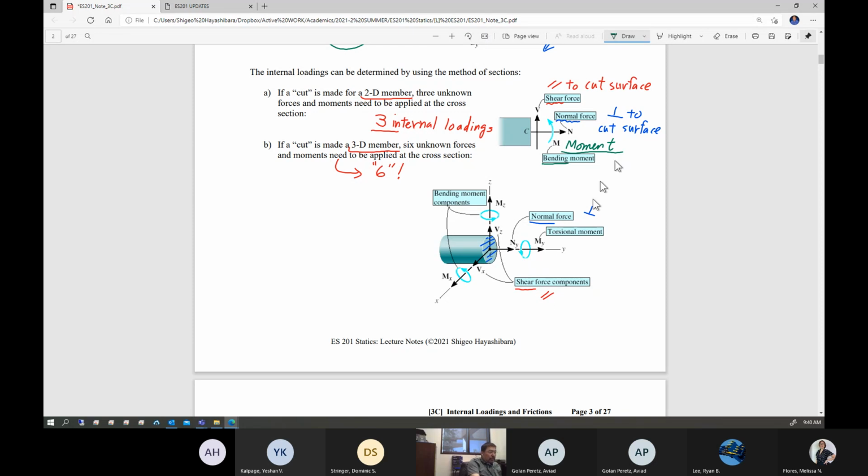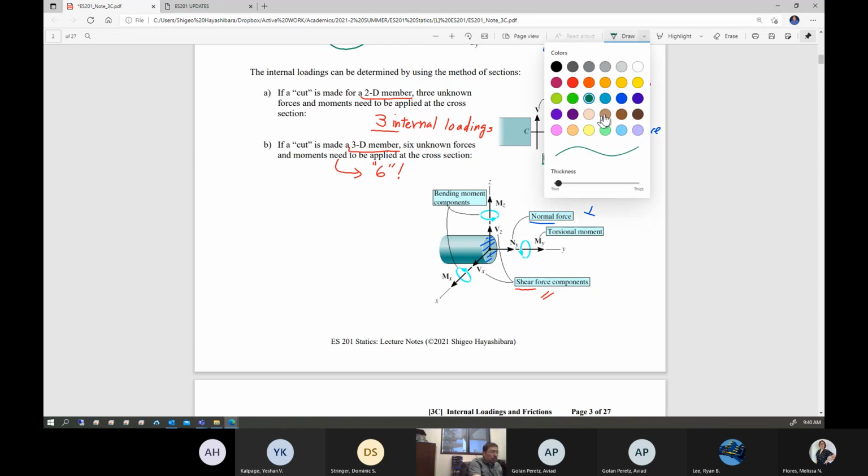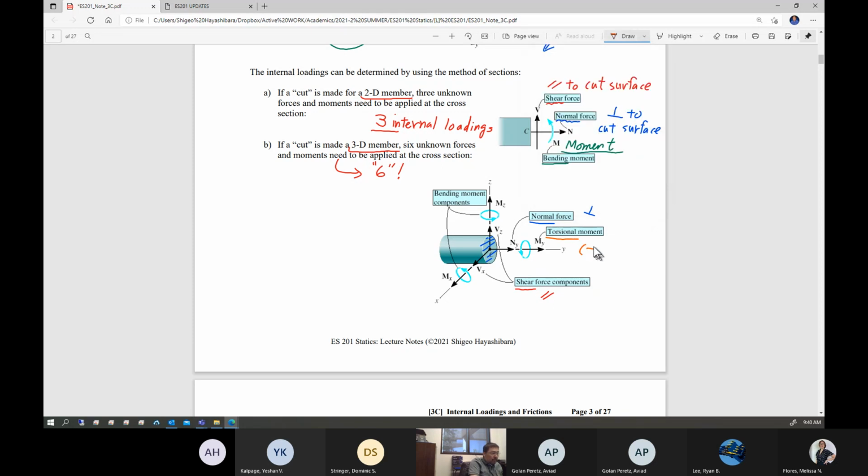And then the other moment is something called torsion moment. Okay, interesting word. Torsion moment. This is, by the way, torque. Torsion is when you try to twist this whole thing. Torsional. Okay, this is called torque.